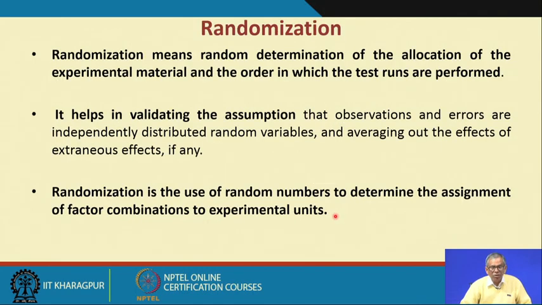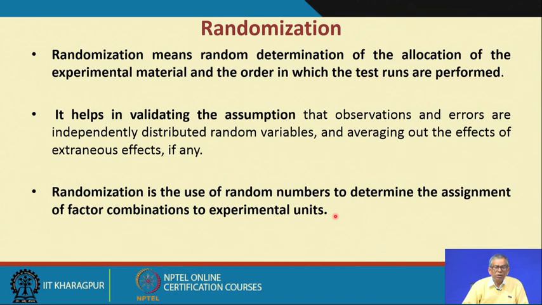So what is randomization? Randomization means a random determination of the allocation of the experimental material and the order in which the test runs are performed. I have already explained, in fact. It helps in validating the assumptions. Any experimentation you do has an assumption or a set of assumptions.